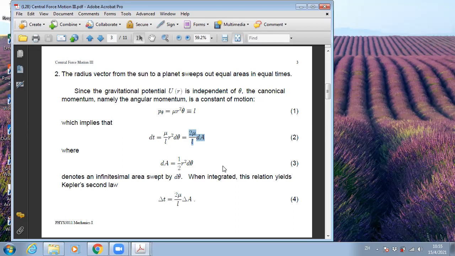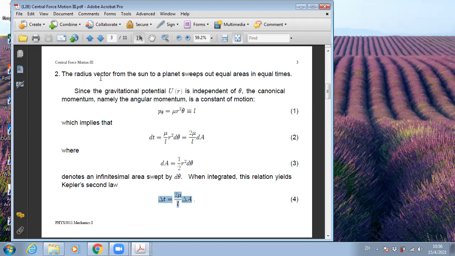All right. So integrating this expression on both sides to a finite time. On the left-hand side, you have the time duration for the journey. On the right-hand side, it gives you the area covered by that radius vector during that duration, right? So we can see easily that, yes, as long as delta t is the same, then the delta A will be the same.